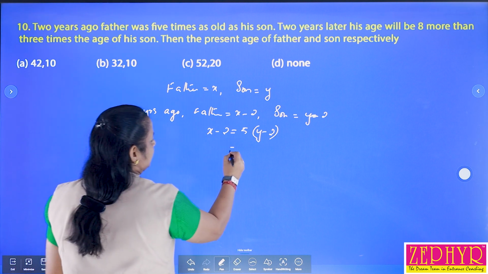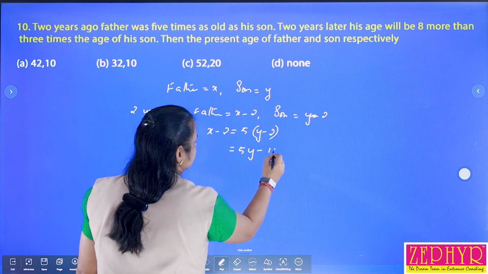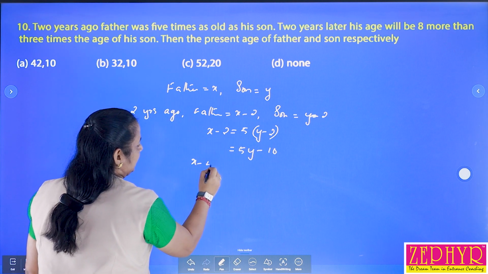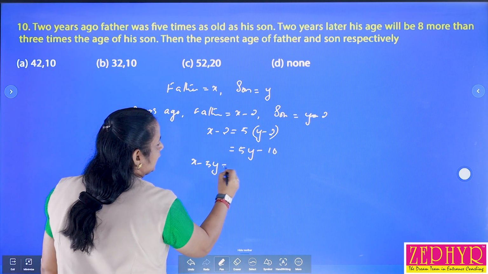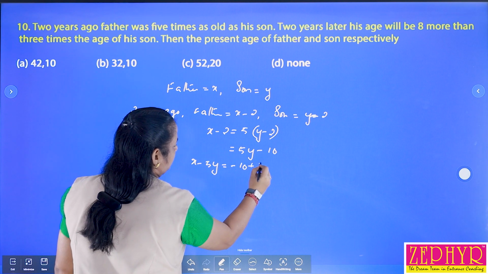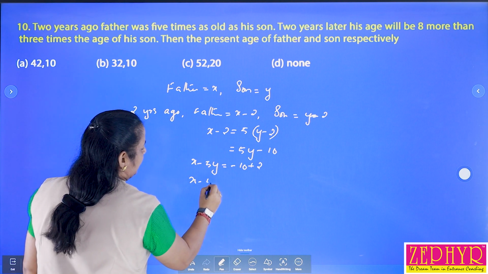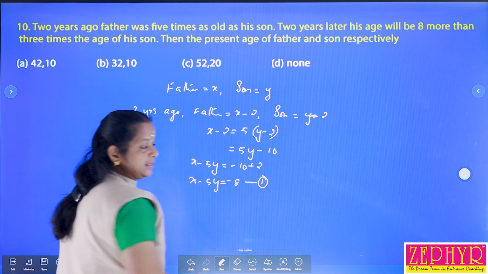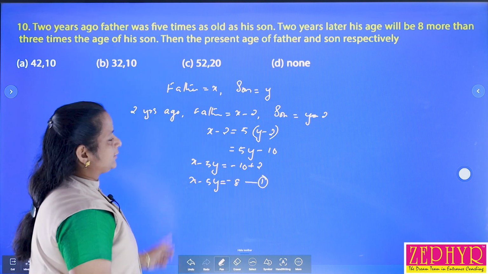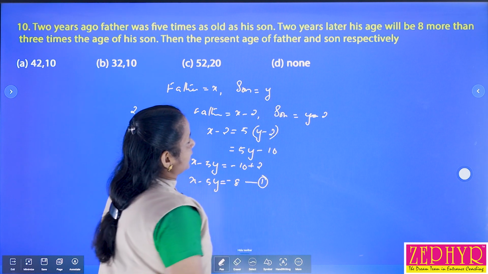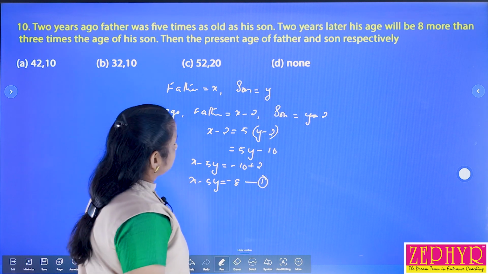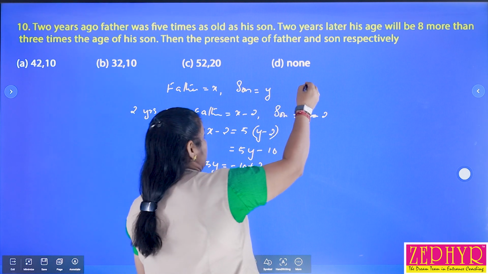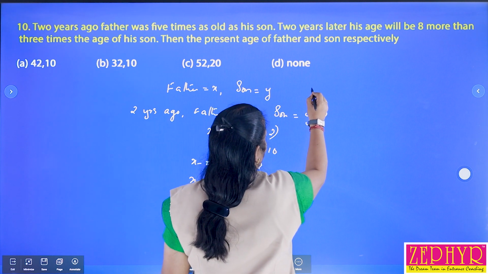So it is x - 2 = 5y - 10, so x - 5y = -10 + 2. So it is x - 5y = -8. That is the first equation. Then read the second one. The second condition is two years later, meaning after two years.